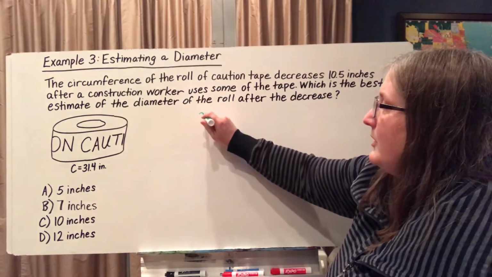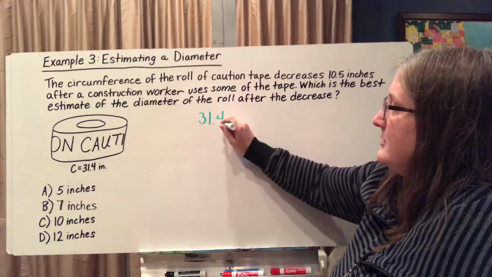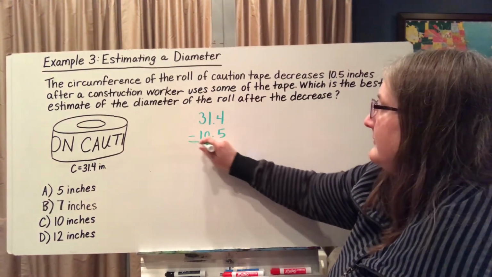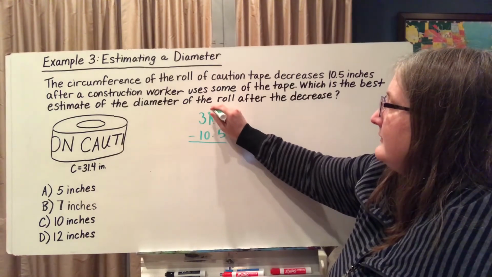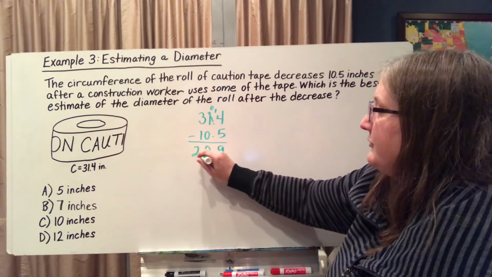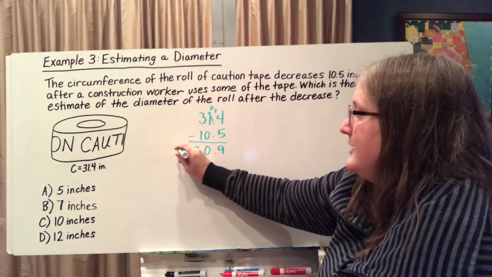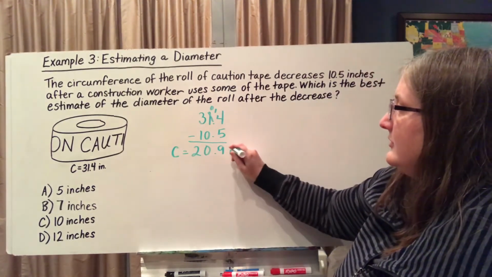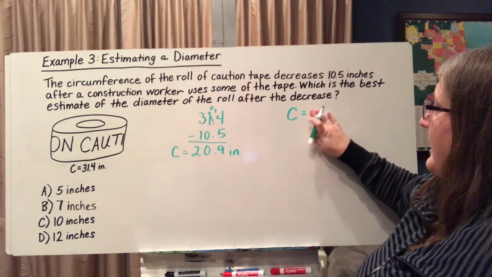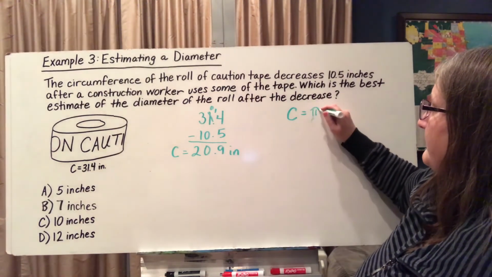So it was 31.4, but some has been used up and it's decreased by 10.5 inches. So I'm going to subtract 10.5 from my circumference, and I'm now left with a circumference of 20.9 inches.